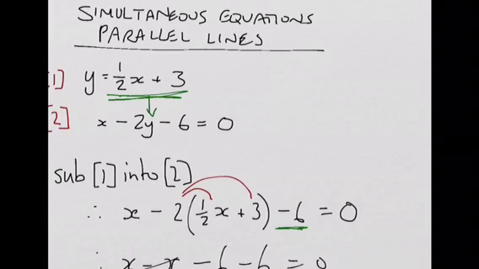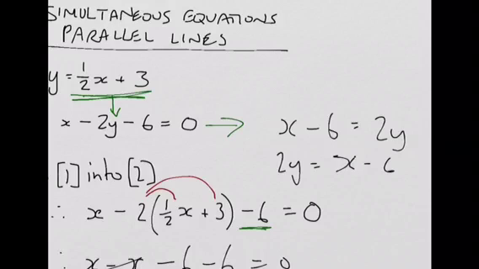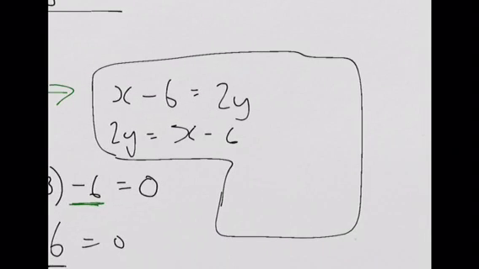And if we quickly rearrange equation 2, let's move y to the other side first, so x minus 6 equals 2y, and we'll just switch them around, so 2y equals x minus 6, and then divide by 2 both sides, y equals half x minus 3.